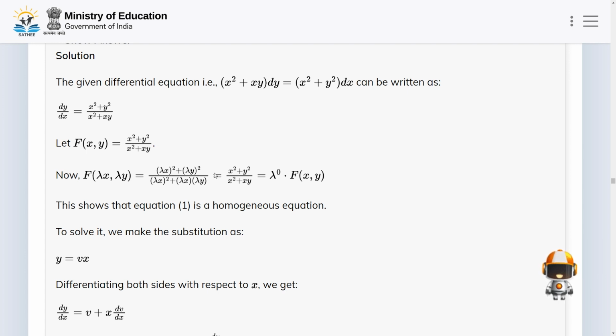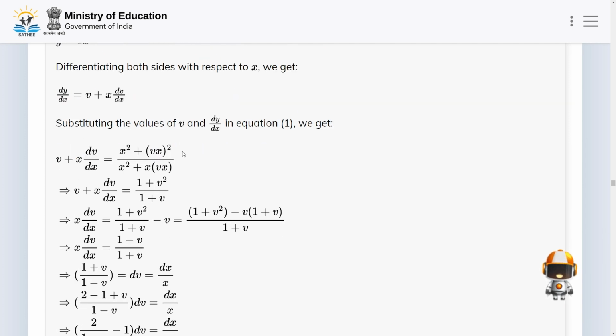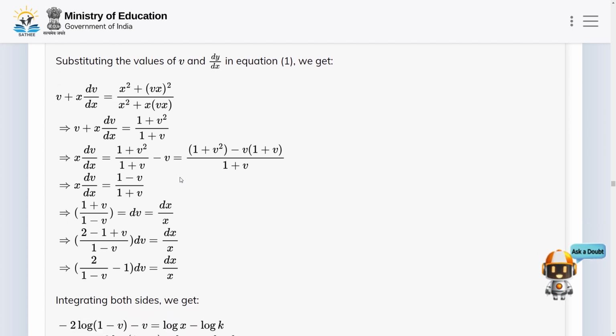Now in order to solve, substitute y is equal to vx. After substituting y equals vx, dy by dx can also be replaced by v plus x dv by dx form. This means you can make this form. Now rearrange some terms and use the method of separation of variables.